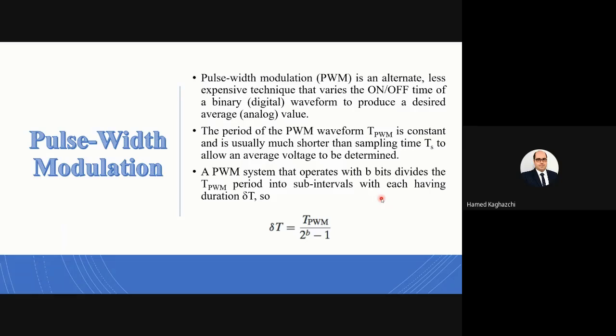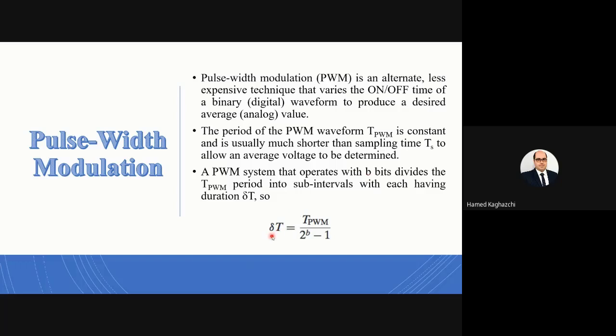After learning the PWM, now we say that for converting digital to analog, we divide the TPWM period into sub-intervals, into b bits, that we know as the bits of the digital system.